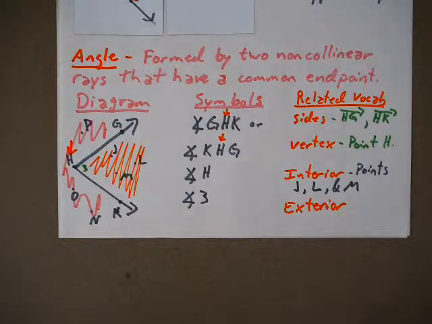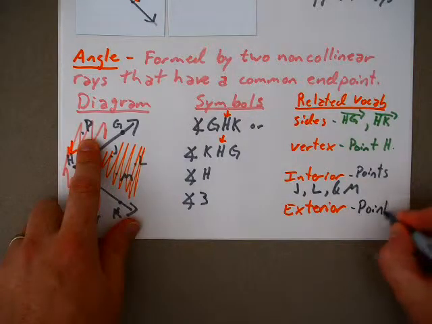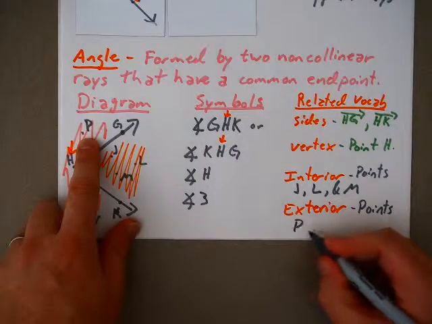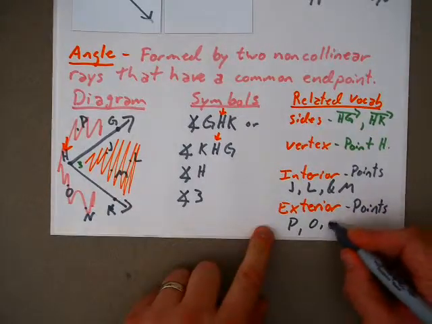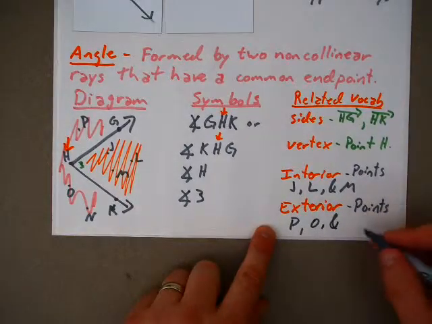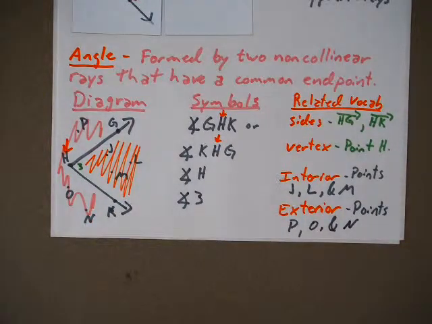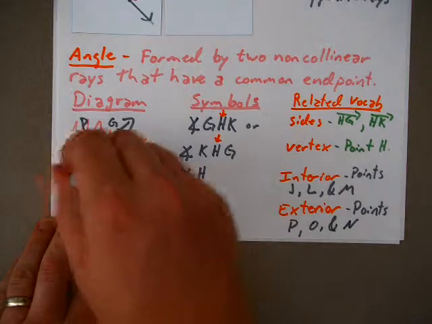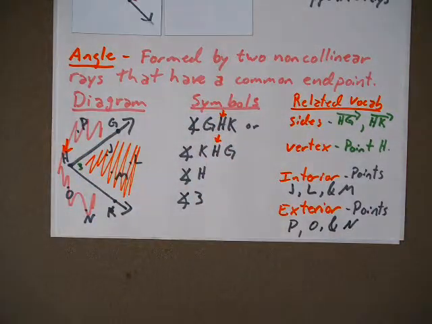And so that would be points P, O, and N. Please note that I did not put any of the points that are actually on the angle. G, H, and K are neither in the interior nor the exterior because they are in fact on the angle.